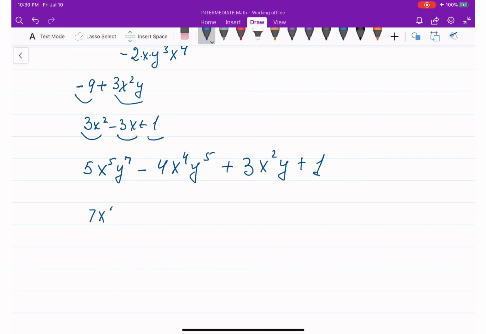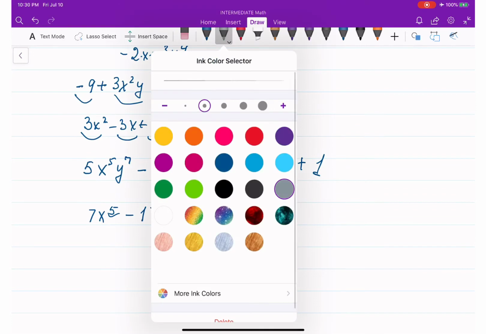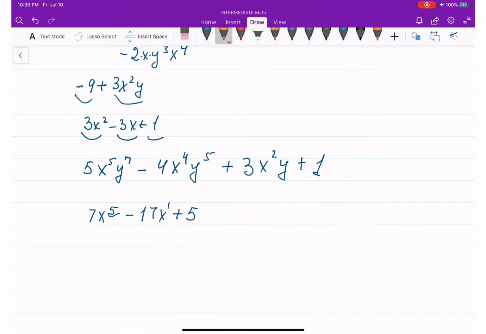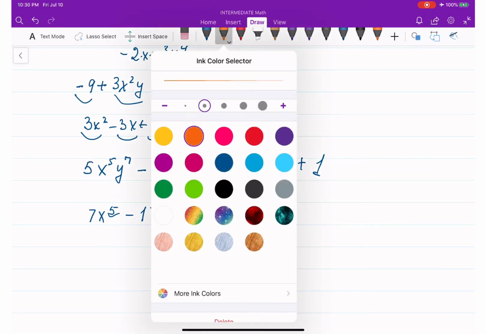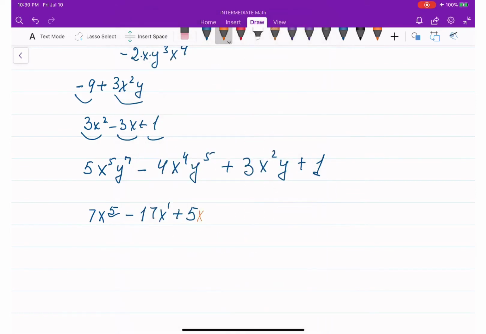7x to the power 5 minus 17x plus 5. All right, so let's see. We have only one variable here, which is x. The highest degree of this x is 5. Here we have 1, and here 5 has the degree 0, right? x to the power 0.